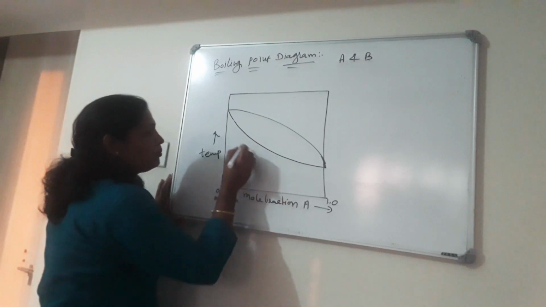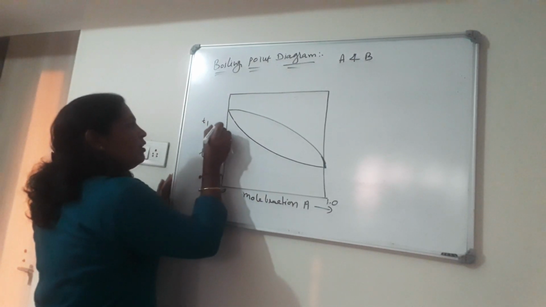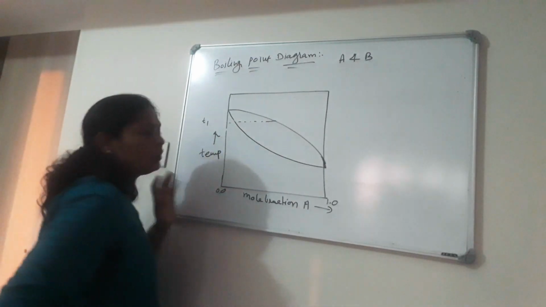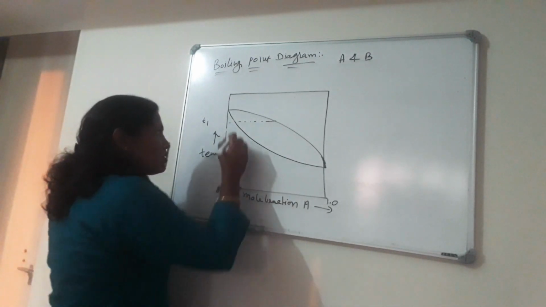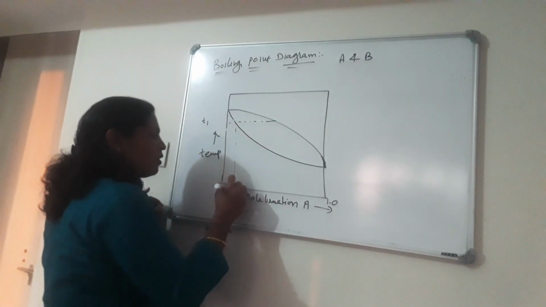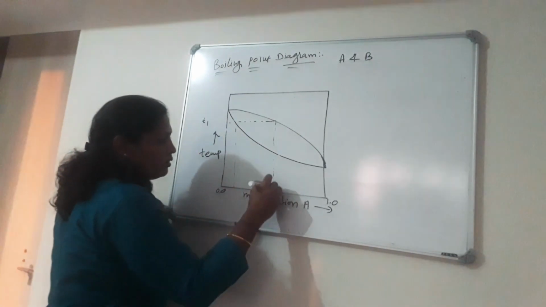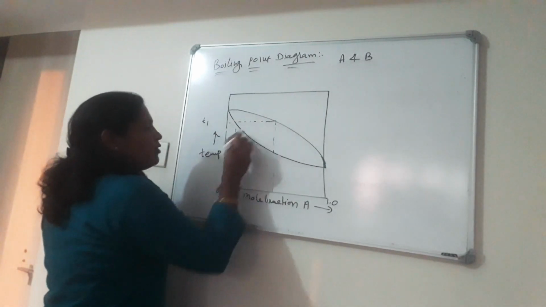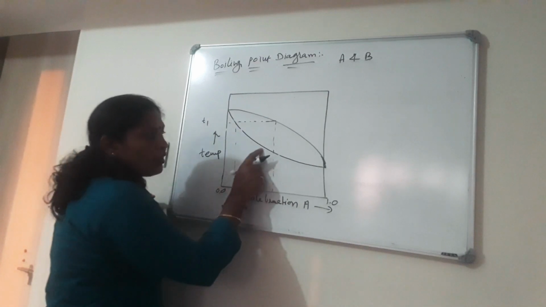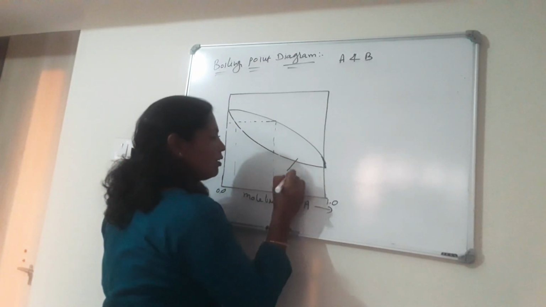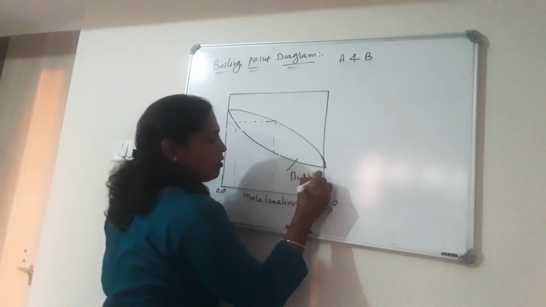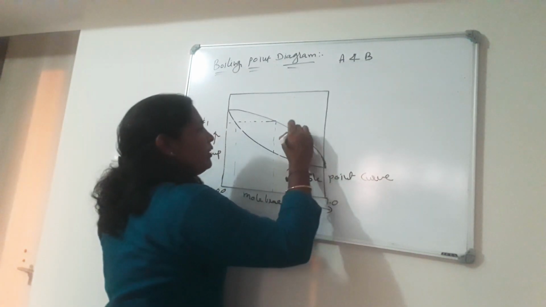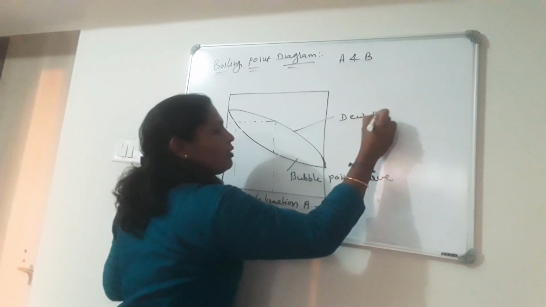Suppose at the temperature T1, somewhere here, this is the position. This is the line which joins the two curves. This is known as the bubble point curve, and this is known as the dew point curve.